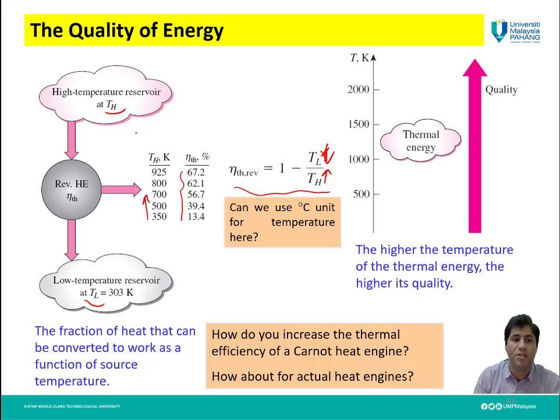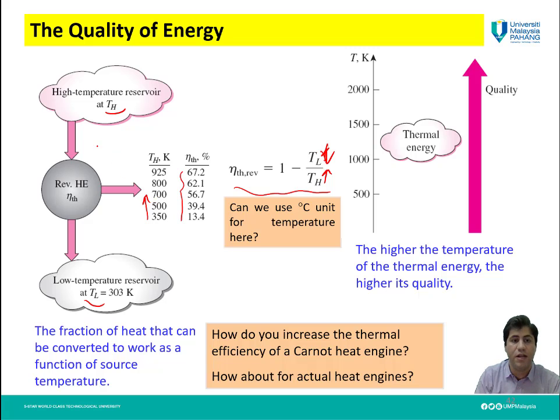and you can see the range. When temperature is 350 Kelvin, efficiency is only 13.4%. And when temperature is increased to 925, the thermal efficiency is increased to 67%. Almost it is 50% increase in the thermal efficiency for this heat engine. And this is more important.